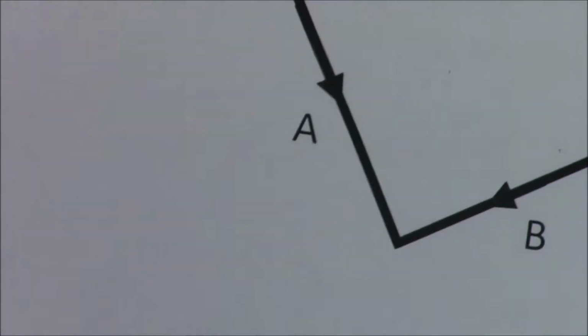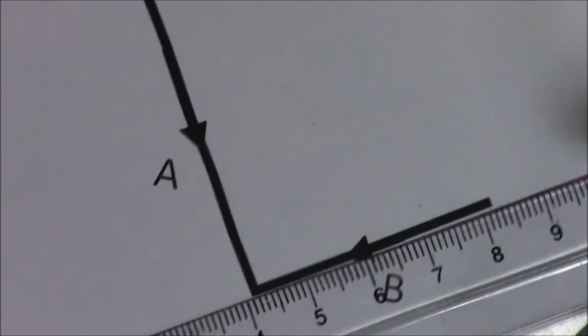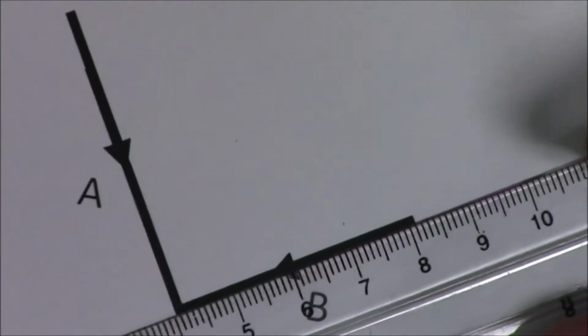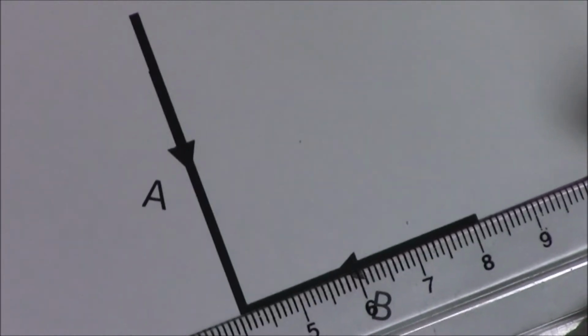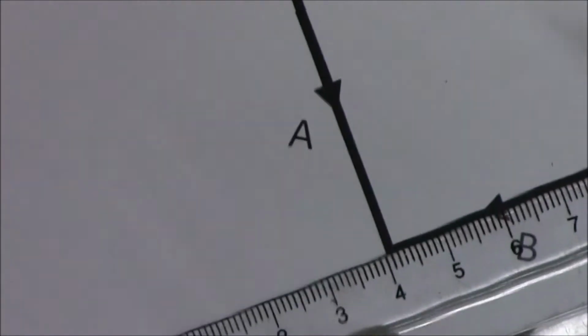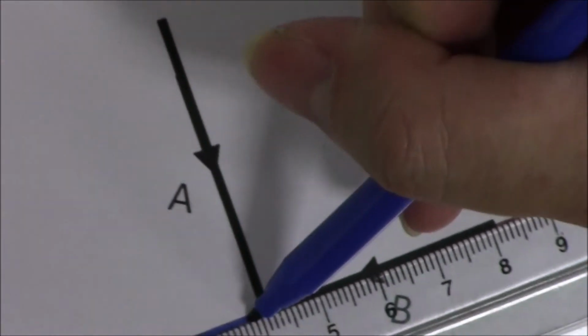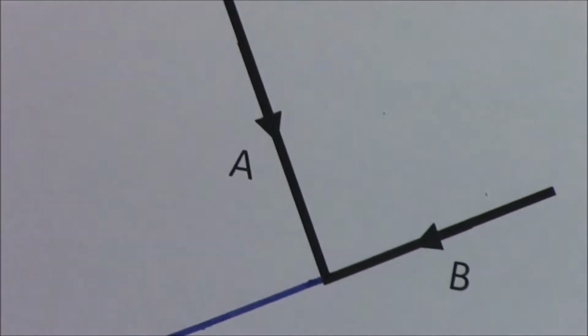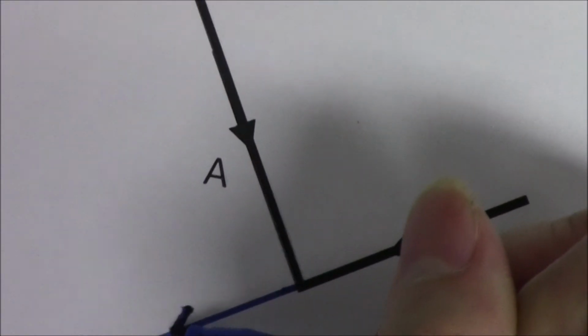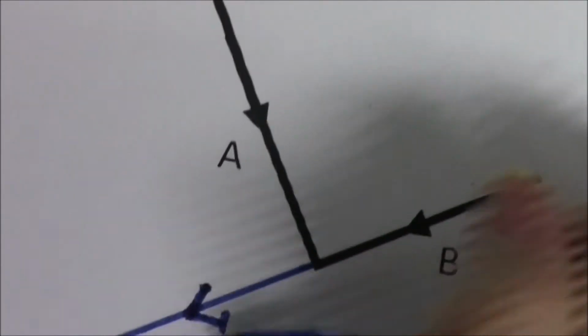Alternatively, we can also shift vector B. Again, we have to measure how long vector B is, and it happens to be 4 cm. So we will extend vector B by another 4 cm in this manner. The arrow of this new vector should be in the same direction as B, and we will call this new vector B prime.